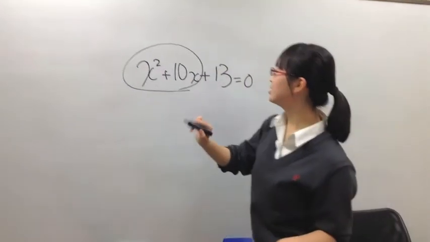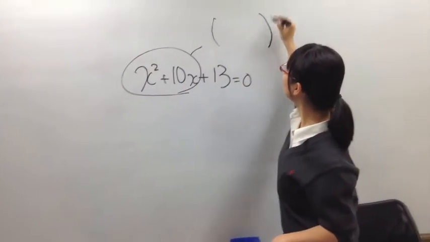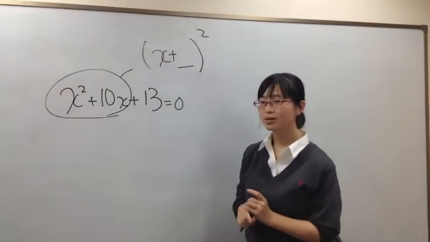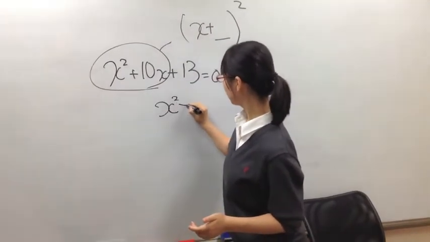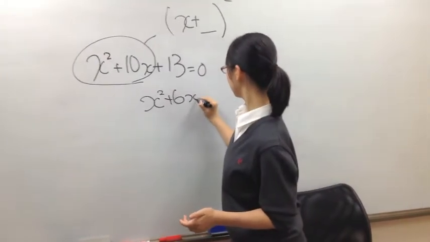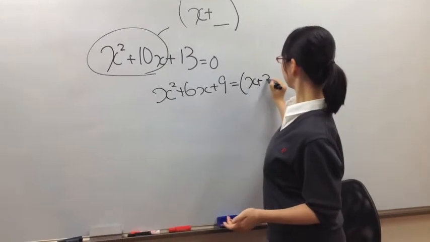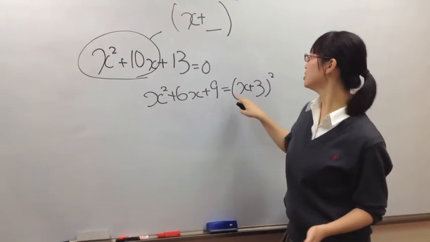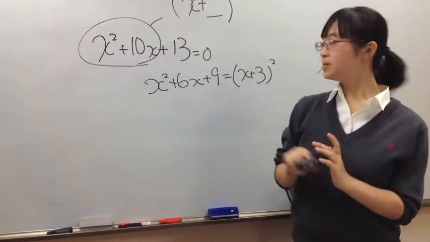Look at this x squared plus 10x and think what it will become when it's squared. For example, an equation like this can be factored to x plus 3 to the power of 2. This is the same concept.